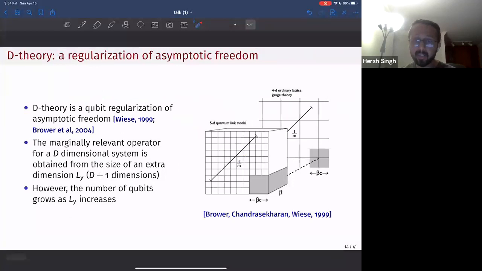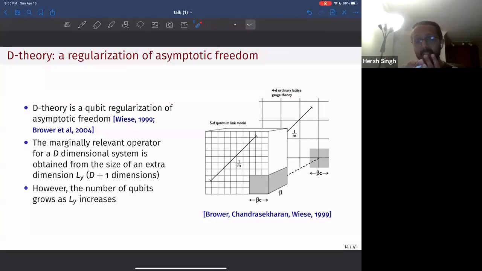Other people have approached this problem, and there was this very nice idea which goes by the name of D theory, worked out in the late 90s. You can achieve this regularization of asymptotic freedom by starting with a spin model with a finite dimensional local Hilbert space, and extending the theory in another dimension.